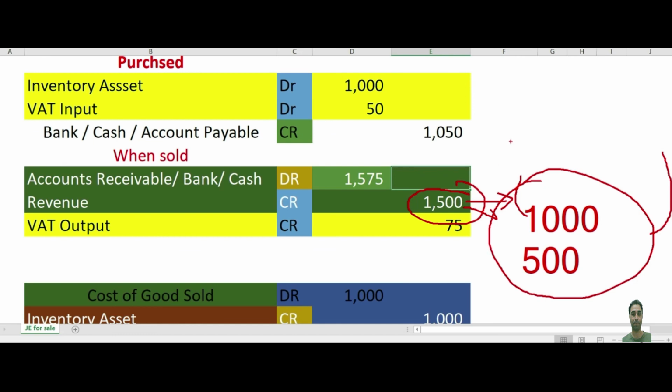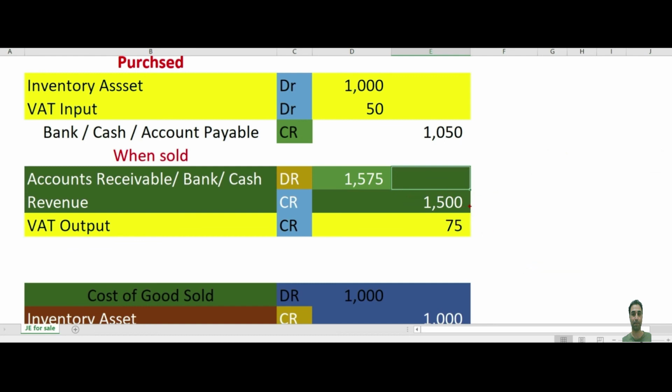So this is cost of asset, cost plus what? GP, gross profit that you have charged. What is the cost? 1000, and what is the GP? 500.